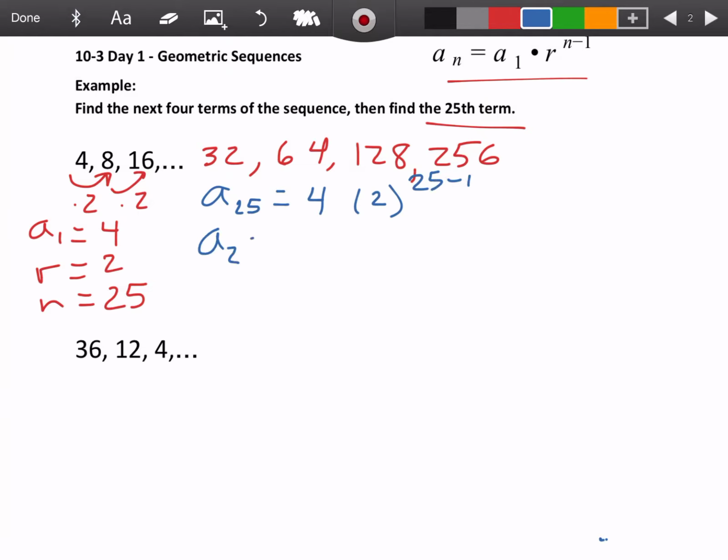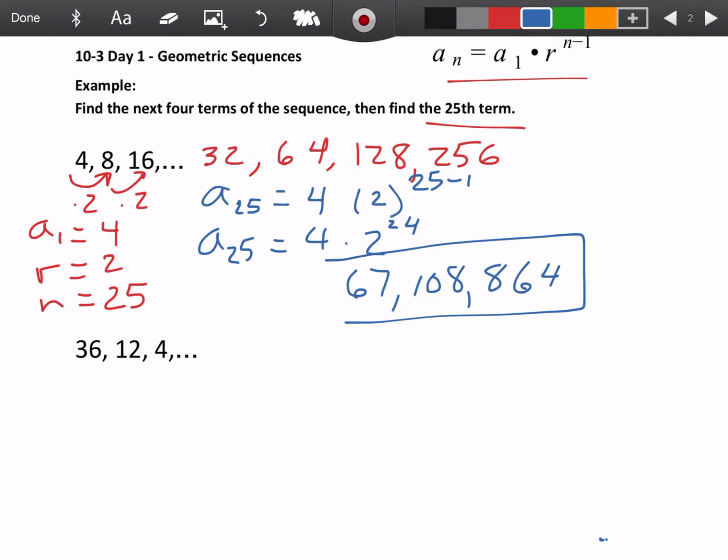Simplifying that a little bit, we'd have 4 times 2 to the 24th. That is something you're going to plug into your calculator. And hopefully you can see after you do that how fast this grows, because this is going to get to 67,108,864. So obviously geometric sequences grow very quickly, up to the millions in this case by the 25th term.